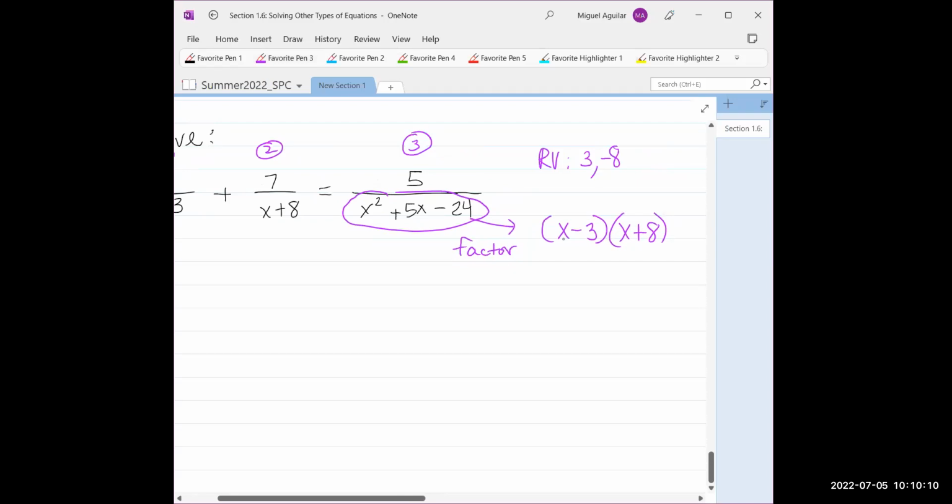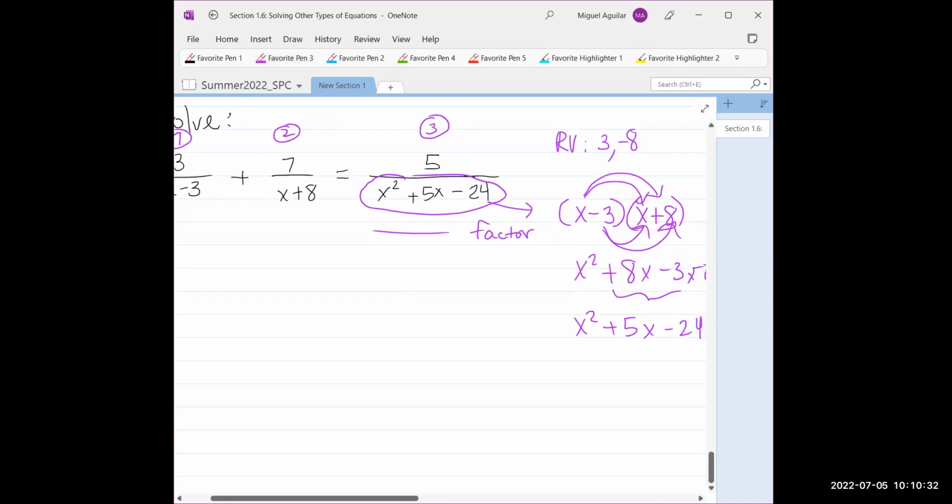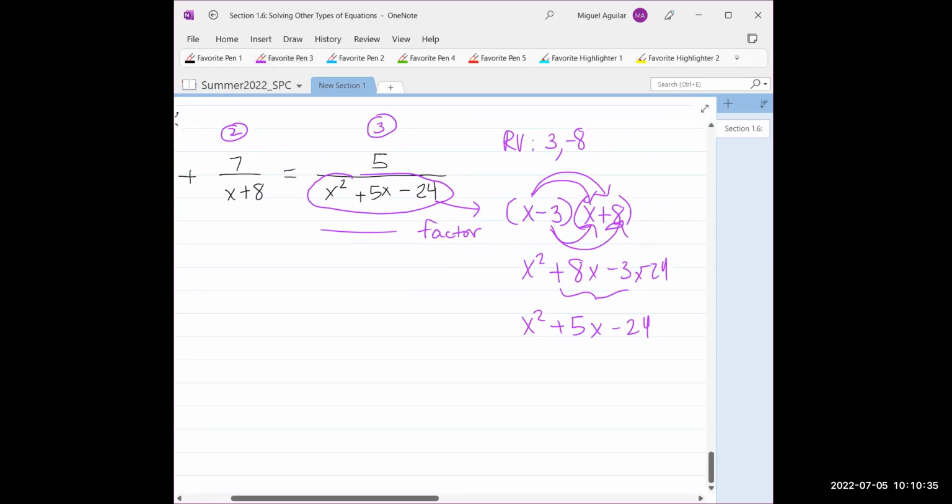And just to prove that that's true, if we multiplied that out, you would get x squared, positive 8x, minus 3x, and then negative 24. You combine like terms, x squared plus 5x minus 24. That's the exact same thing that we started with. Okay, so here is the pro tip. I'm going to erase this scratch work here.